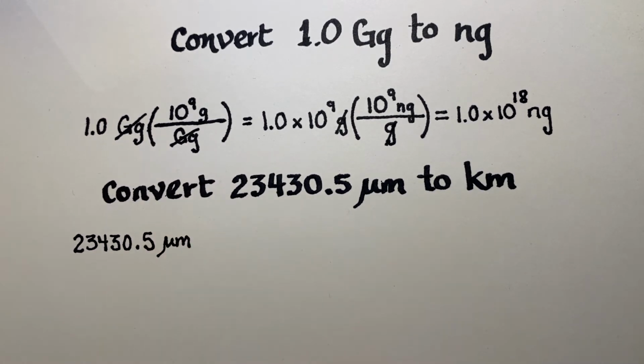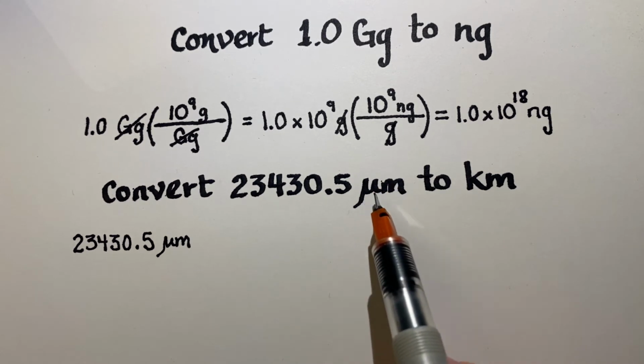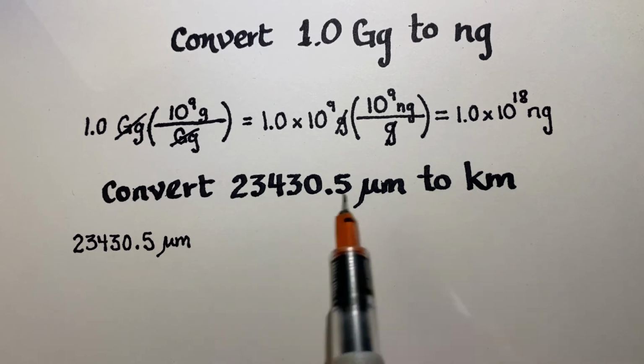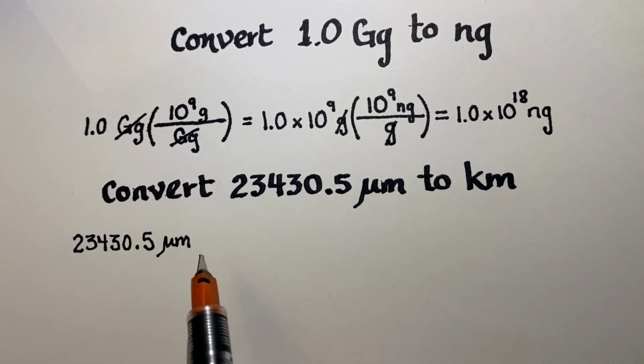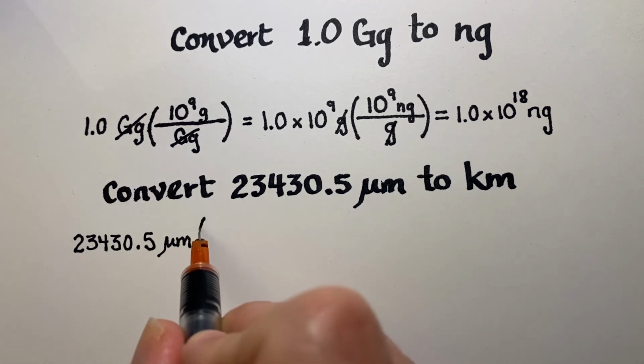Okay. And so once again, I suggest, if you're not feeling confident of how many micrometers are in a kilometer, to convert first to the base unit, in this case, meters.